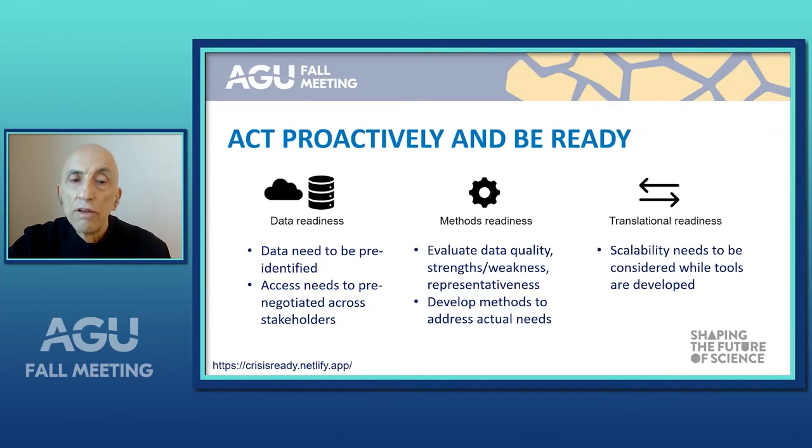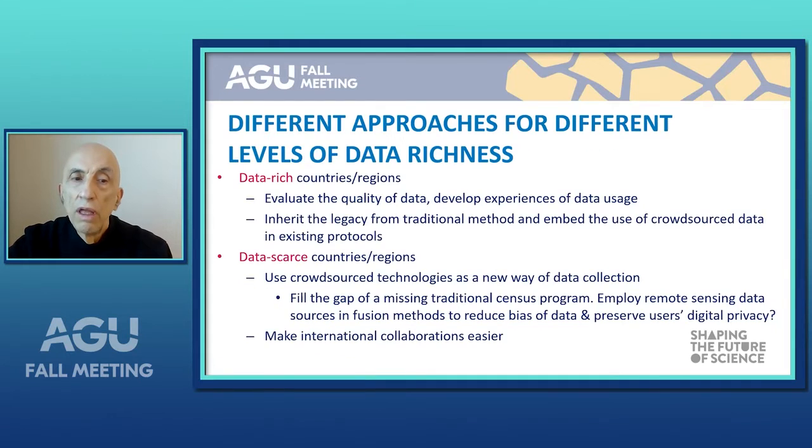Access needs to be renegotiated across different stakeholders. That's not always easy because you have to coordinate things and evaluate the data quality, strengths, weaknesses, representativeness. Are the data really representing this real situation? And develop methods to address actual needs. And finally, of course, scalability needs to be considered so we can address specific situations.